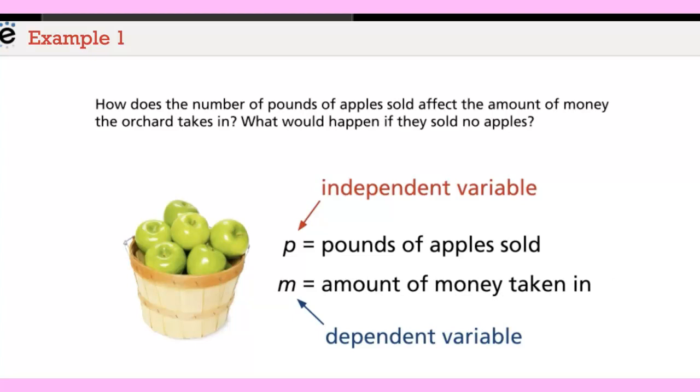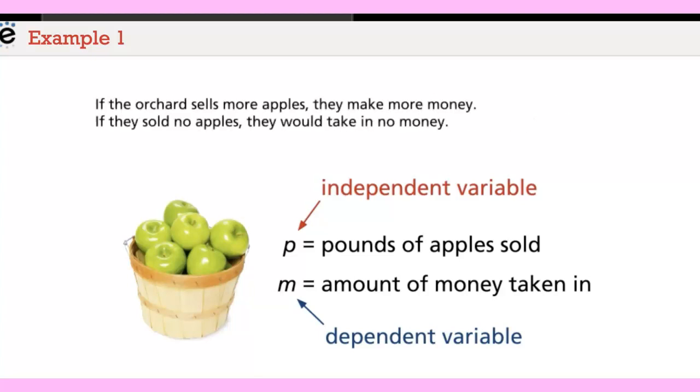So with that, what do you think it's going to be? If they do not sell anything, then they will have no money, correct? So that's why M is the dependent variable and P is your independent variable. If the orchard sells more apples, they make more money.